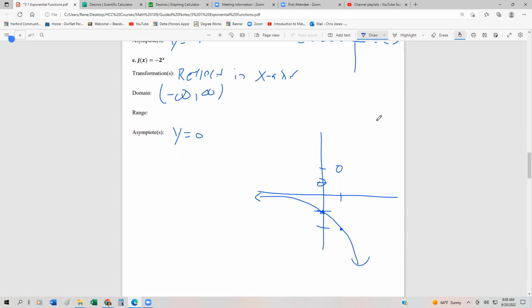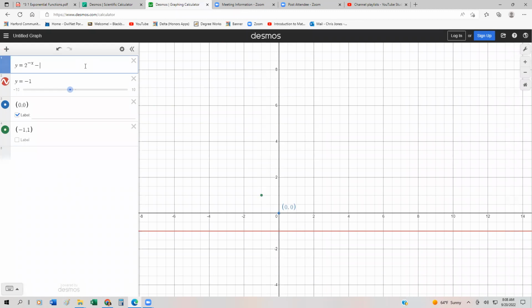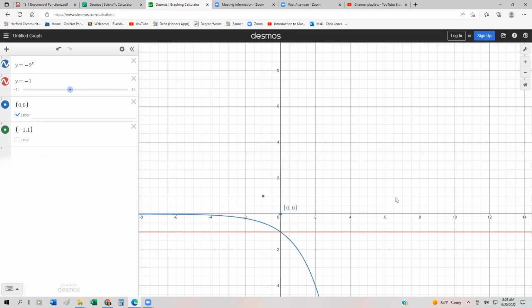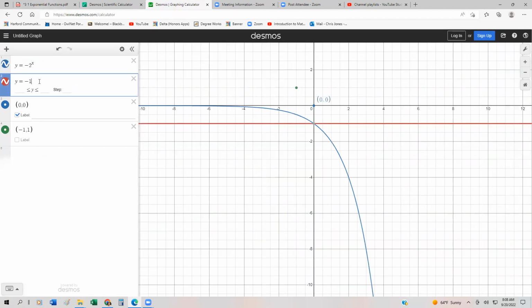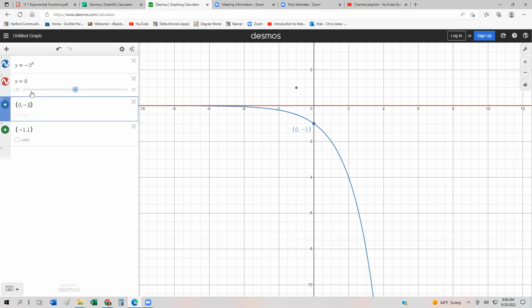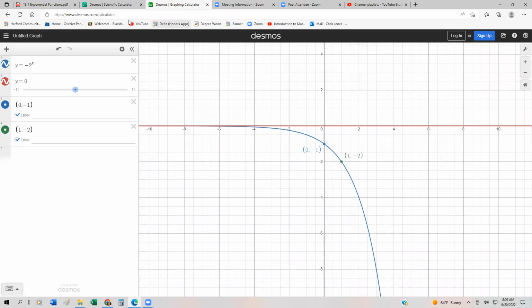So if I was to graph this just to make sure that that's what the function looks like, this would be y equals -2x. We have y equals 0 is still going to be the asymptote. We have the point 0, -1, and then we also had the point 1, comma, -2.